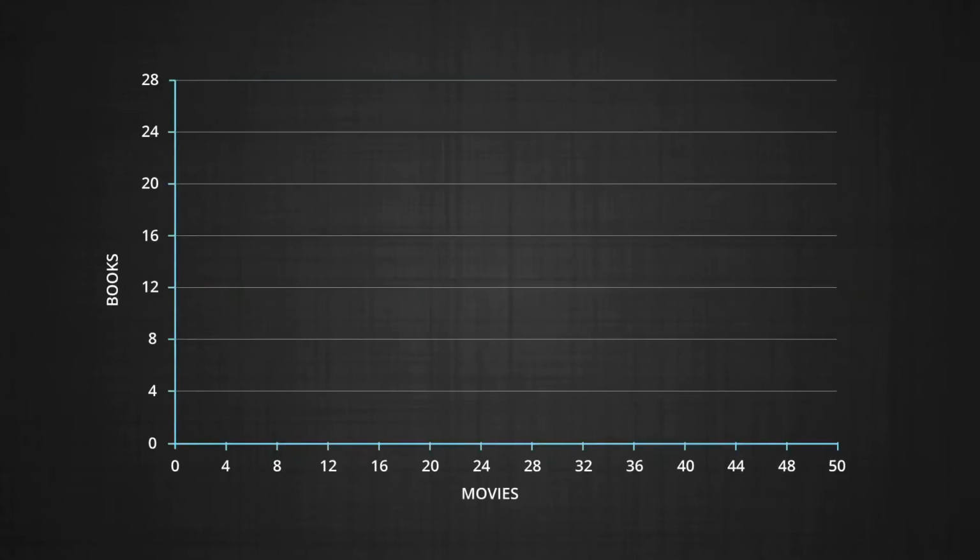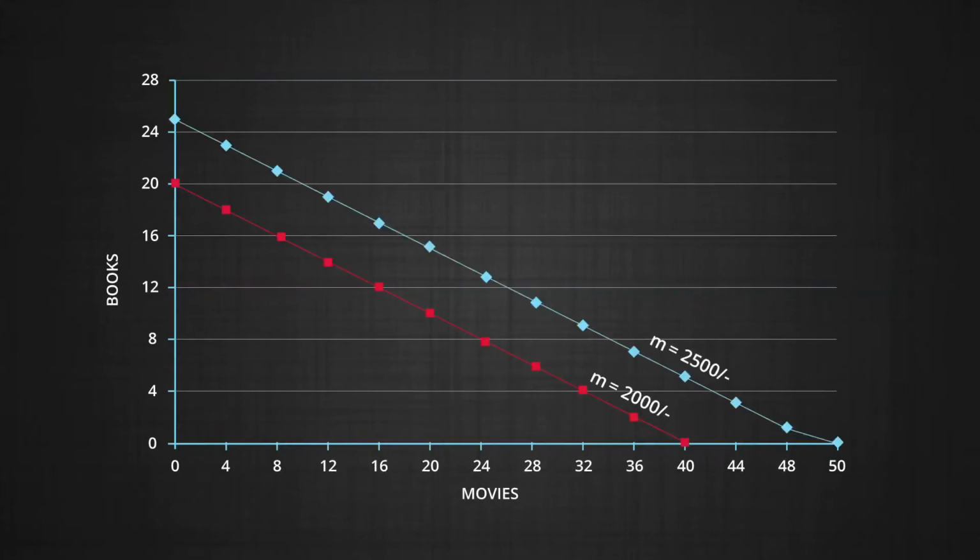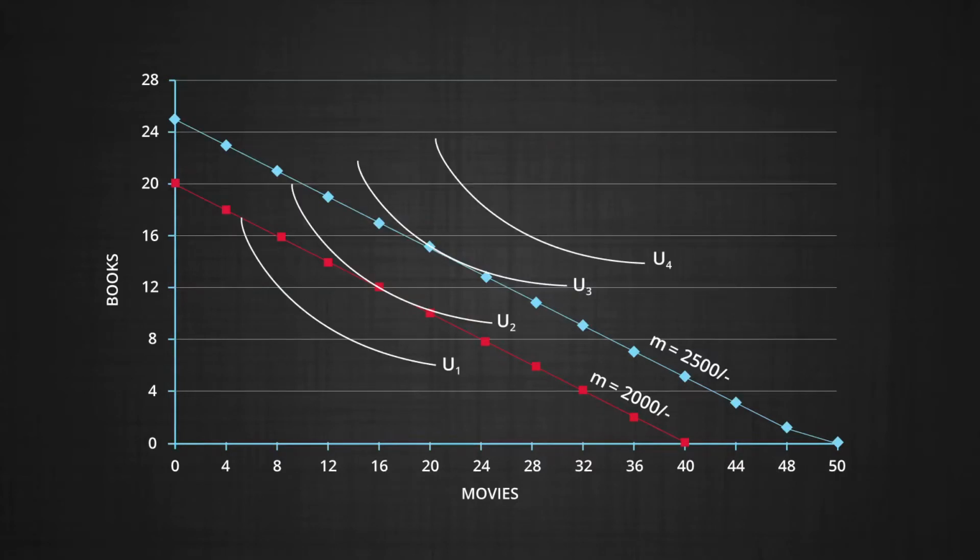In figure 3 shown here, the consumer's income has gone up from rupees 2000 to rupees 2500, and the prices of movies and books have not changed. At the new equilibrium, the consumer consumes 15 books and 20 movies.